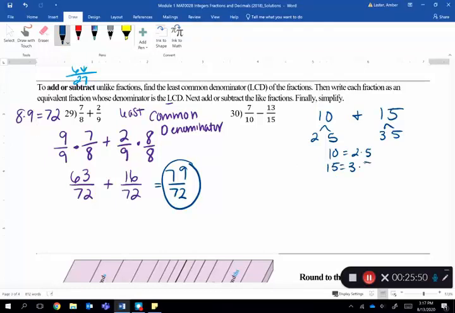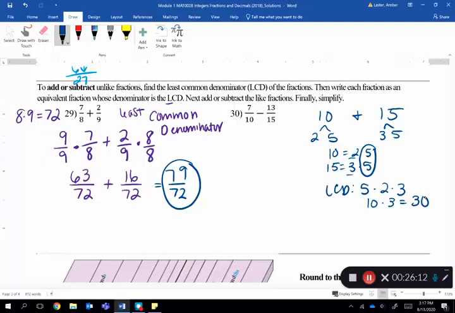And I see that they both have a 5, so my LCD is going to have a 5. And then it's also going to have whatever else is here. It's going to get one 5 because they both have one. And then you're going to do times 2 times 3. So 5 times 2 is 10, times 3 means my LCD is 30.